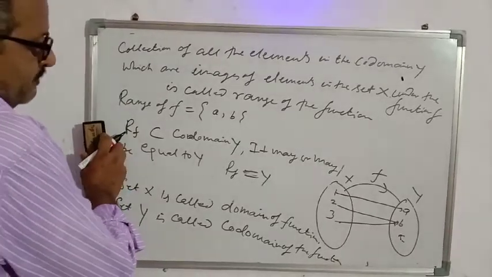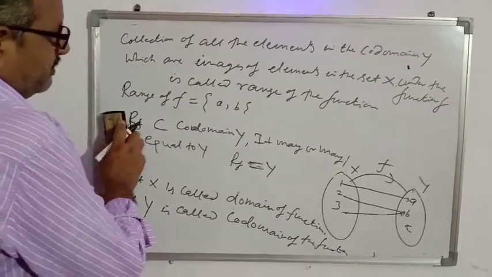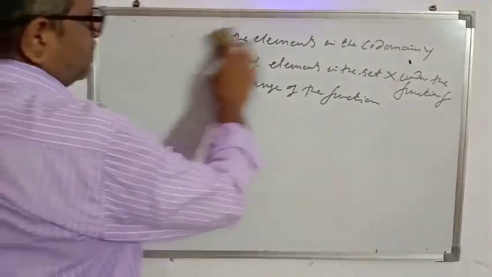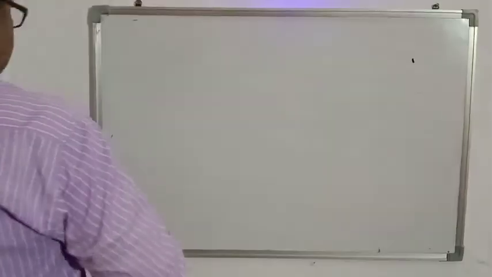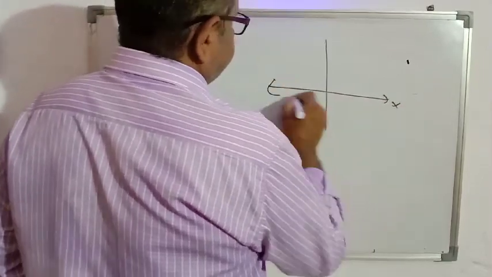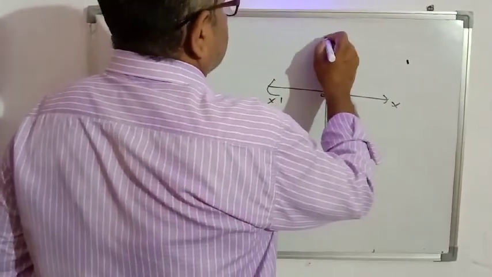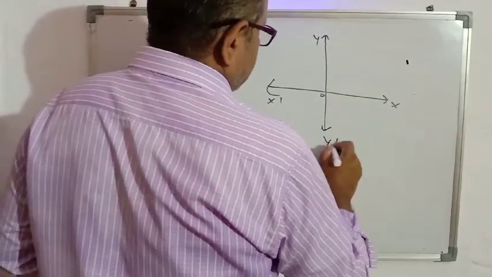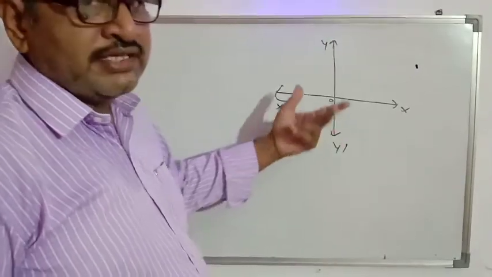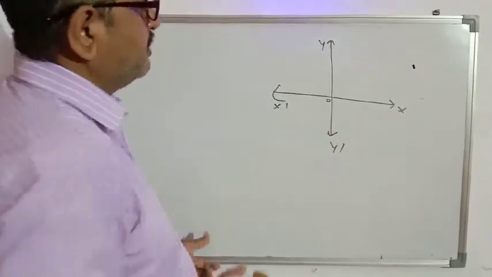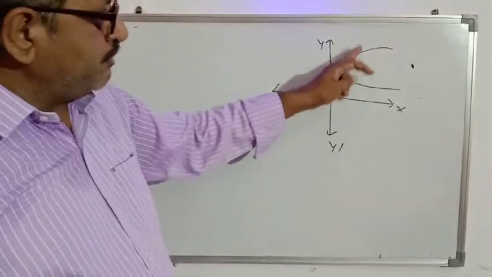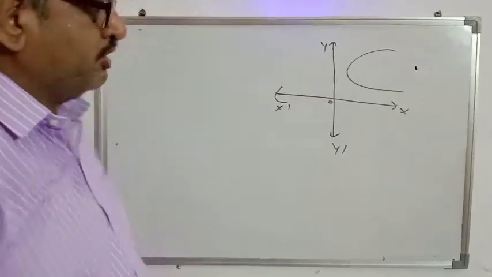With the help of a graph, we can also understand the meaning of function. Let us see. This is the x-axis. This is the y-axis. On the x-axis, we will take the elements of set X. On the y-axis, we will take the elements of set Y, that is the codomain. Suppose the graph is like this. With the help of the graph, we have to tell whether this graph represents a function or not.